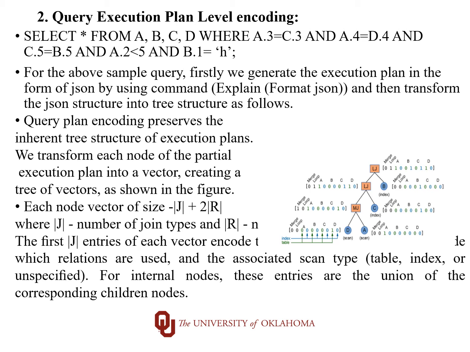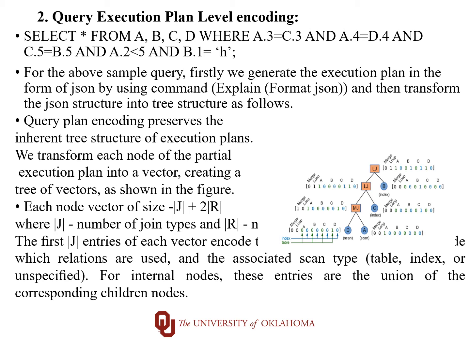So each vector size is |J| plus 2|R|, where |J| is the number of join types and |R| is the number of relations involved in that query, and then the associated scan type, like table scan, index scan, and so on.